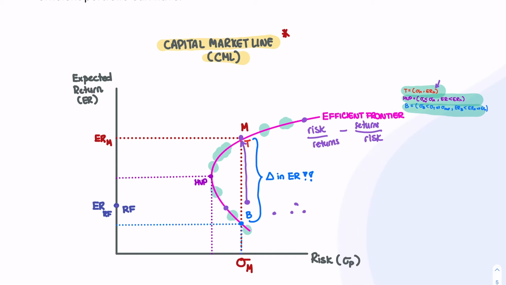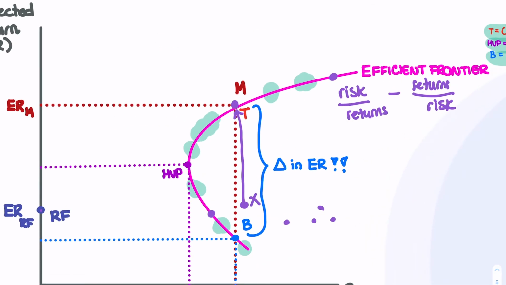So for example, if we take this point right here, we'll call it point X, we know that we could actually have more returns for that given level of risk. So at point M, we could actually have more returns for the same level of risk.